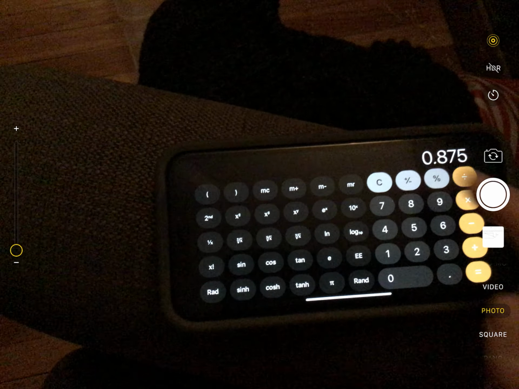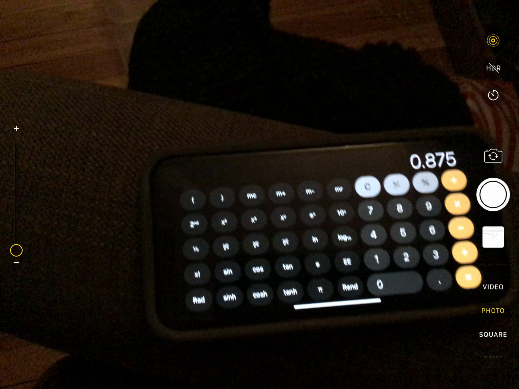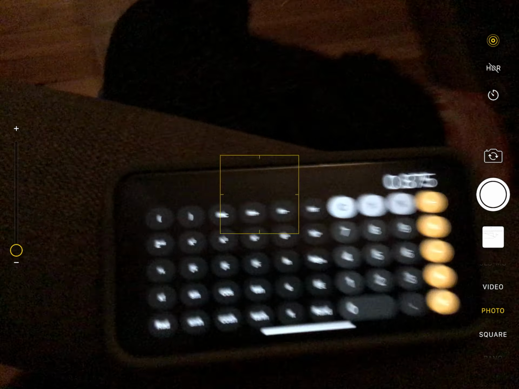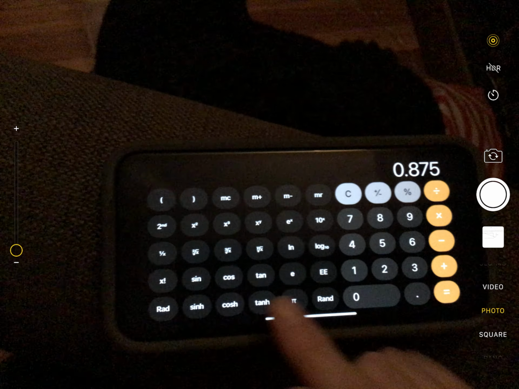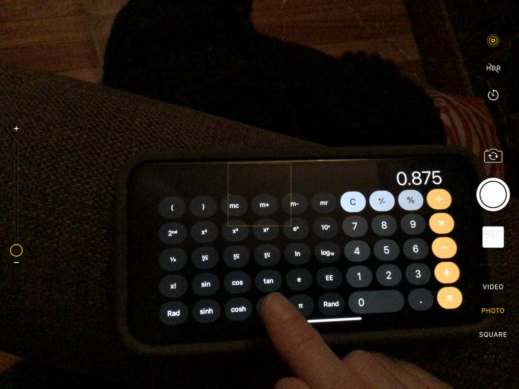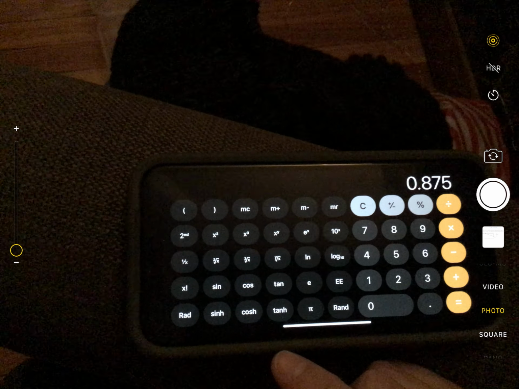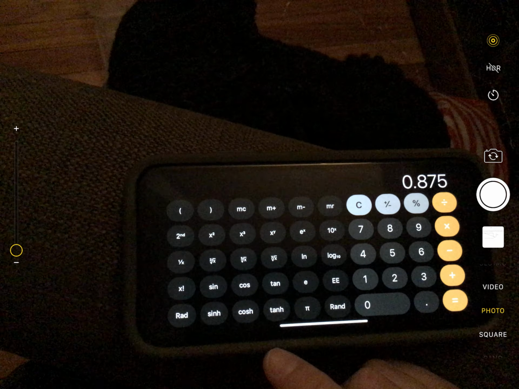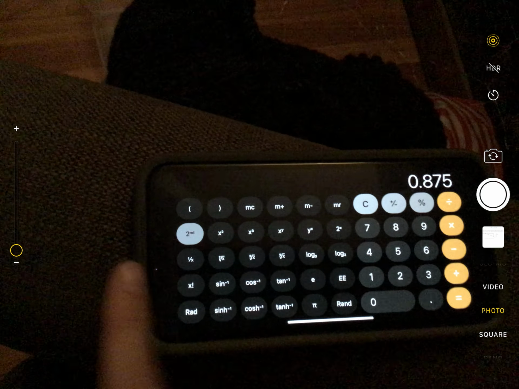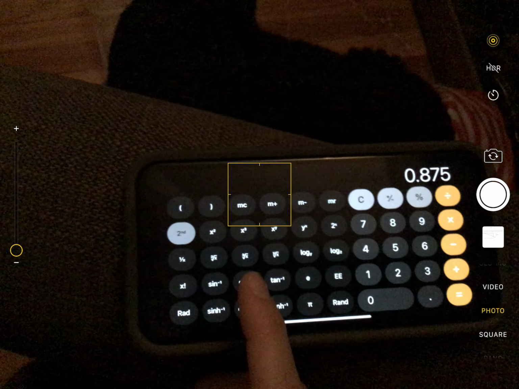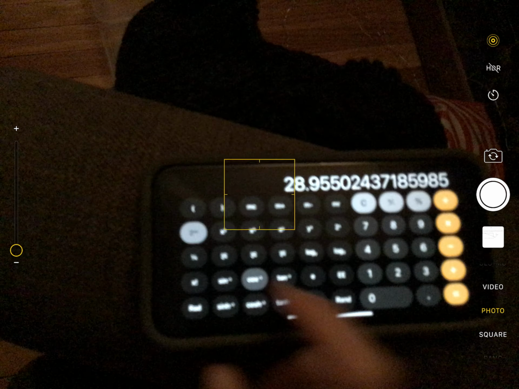I've done my division. Once I get my decimal of my fraction, my right-hand side of the equation, that fraction we made, that's when I'm going to do cosine inverse. Now you'll notice cosine inverse doesn't show up. So just like on my real calculator, I need to push second. And then I'll see cosine inverse.